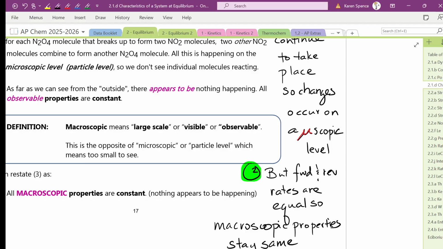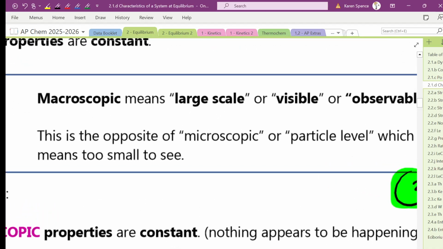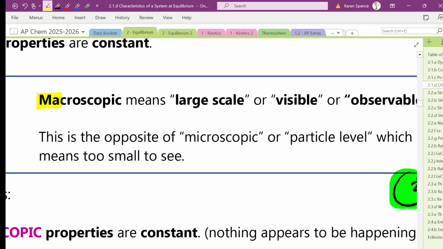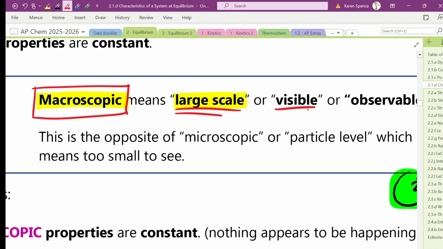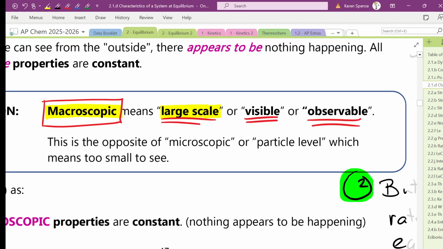Large scale, observable. That is macroscopic, and it is defined for you in the little box here. Macroscopic means large scale, visible, or observable. It is the opposite of microscopic.